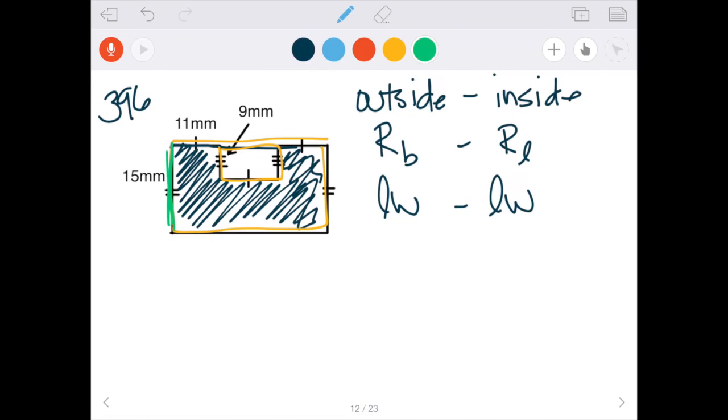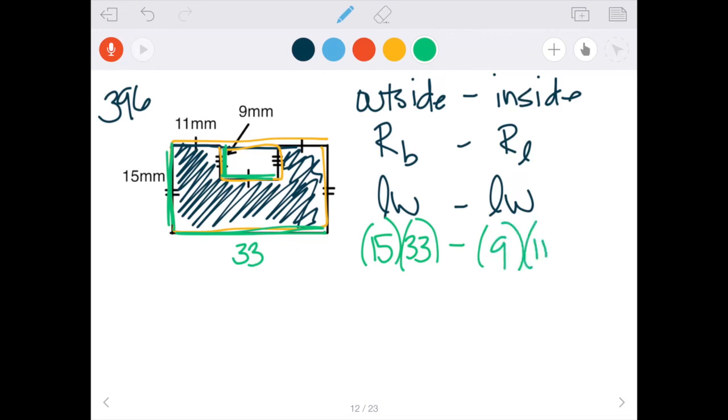If I'm looking at the big rectangle, 15 is the width. And remember, we just said this distance all the way across was 33. So 15 times 33. For the small rectangle, it's 9 by 11.